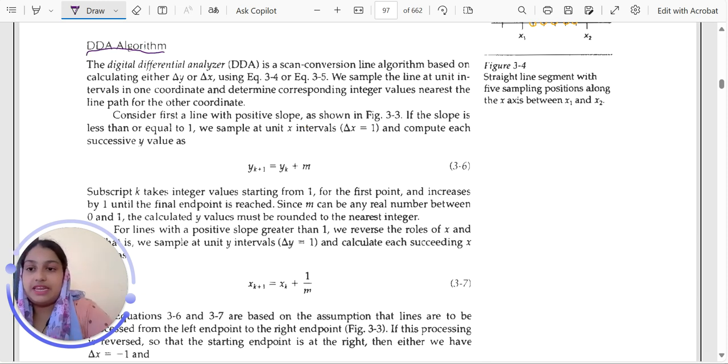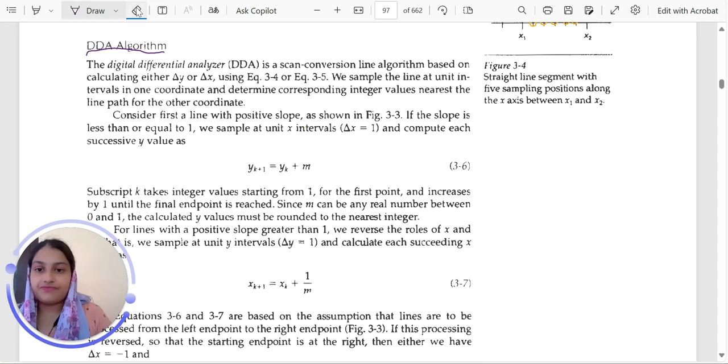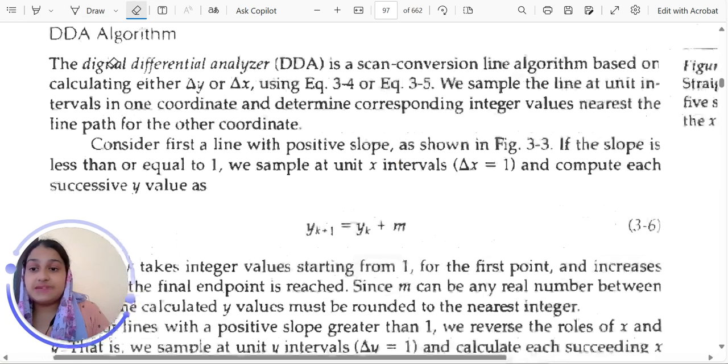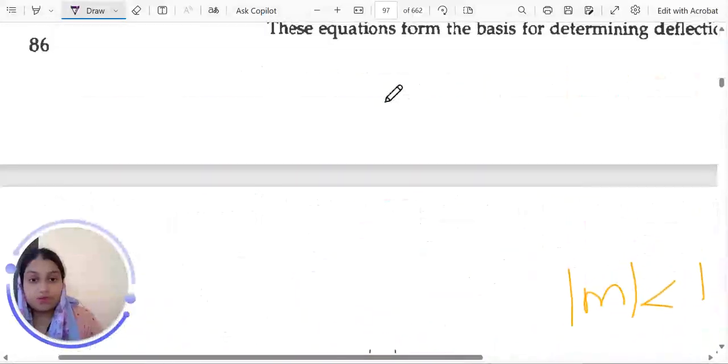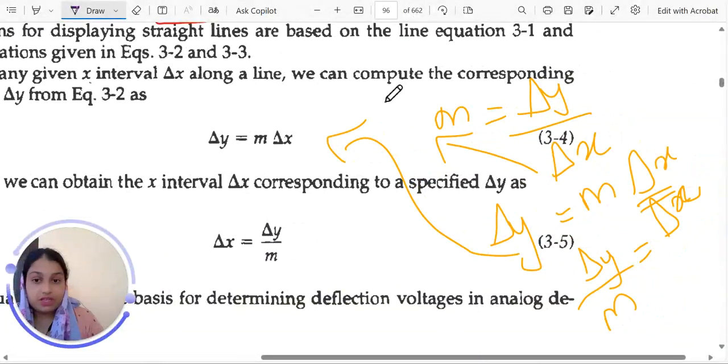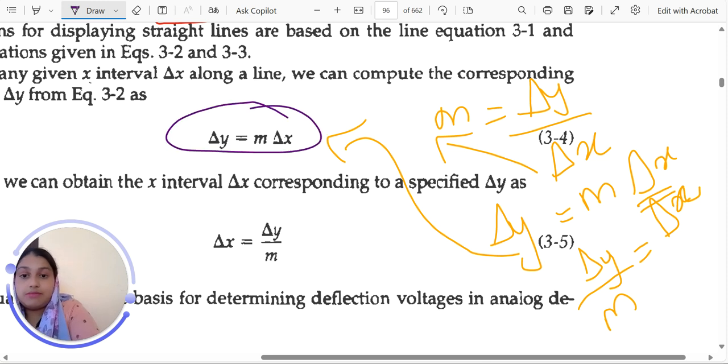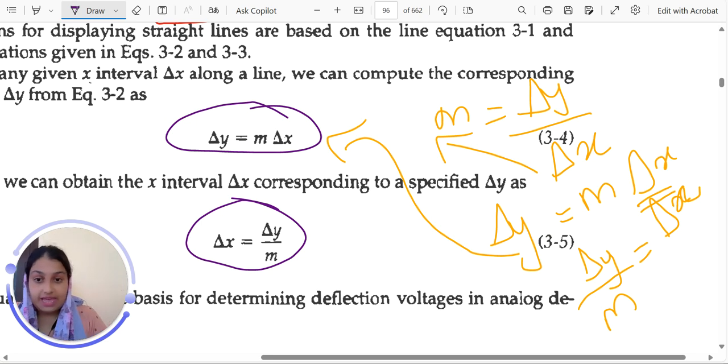Digital Differential Analyzer algorithm. It is a scan conversion line algorithm based on calculating either delta y or delta x using the equations 3.4 and 3.5. That is, delta y equal to m delta x and delta x equal to delta y by m.